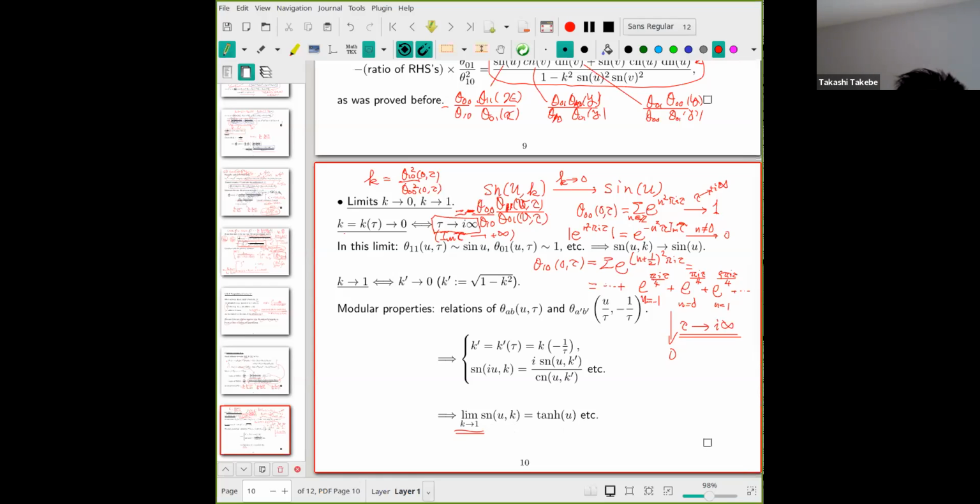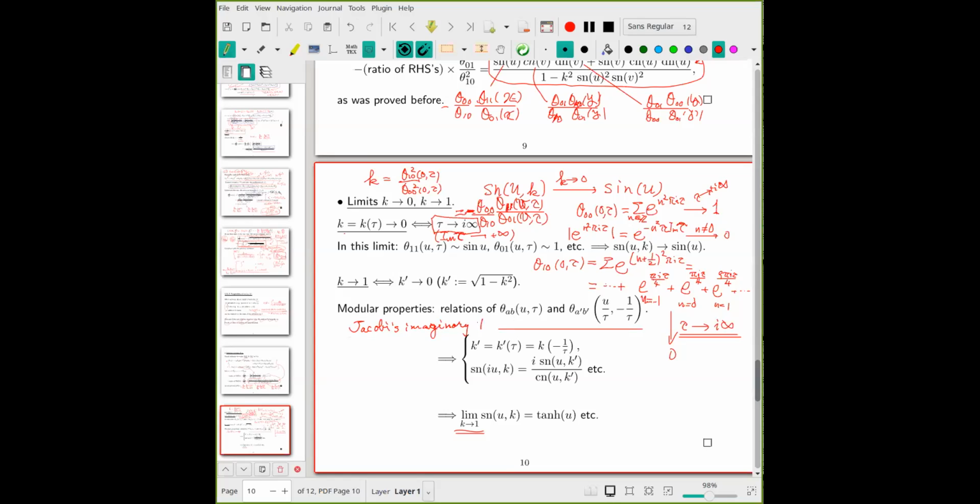This is proved by means of Jacobi's imaginary transformation.